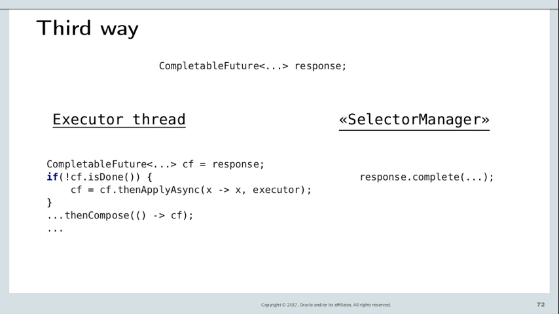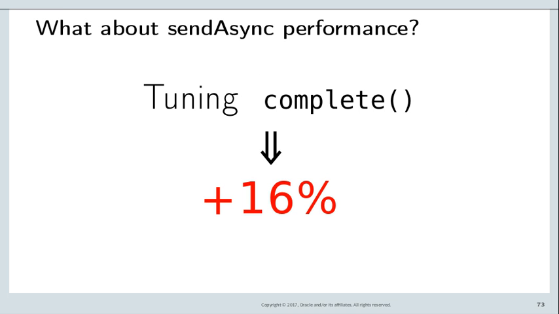If CompletableFuture is still incomplete, we should protect it in any case. And that simple trick gives us yet another 16% of asynchronous API performance.